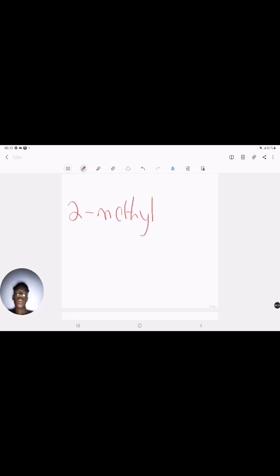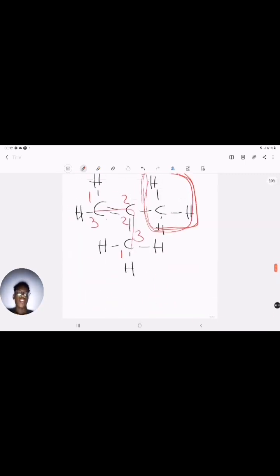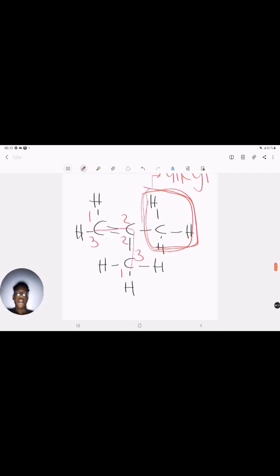I've got 2-methyl, and then I've got this propene here, right? Since I've got this propene here, this is my double bond. Now, this double bond is surrounded by 1, 2, 3, 4 numbers. Since it's surrounded by 4 numbers, you identify the smallest number of the 4.